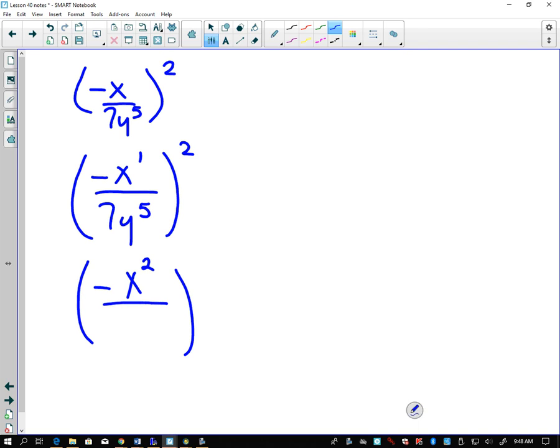What's 7 squared? 49. What do you think happens to the 5? It's 5 times 2, so I should get negative x squared over 49y to the 10th. I don't have a negative exponent. That's only exponents. Okay? All right, we'll see you guys.